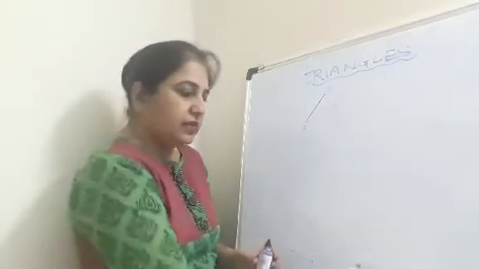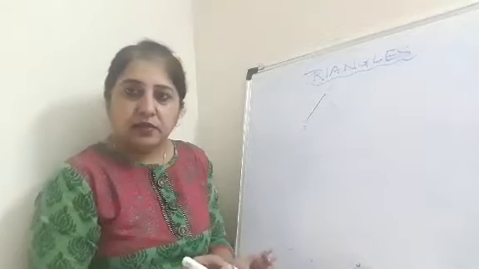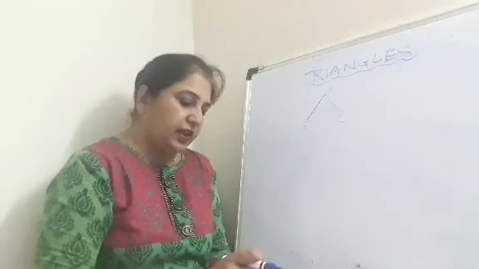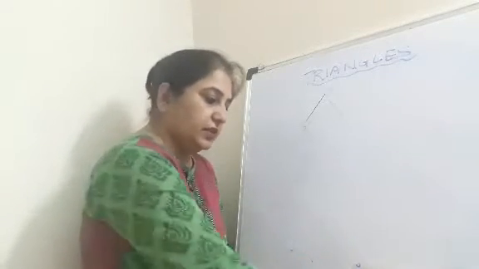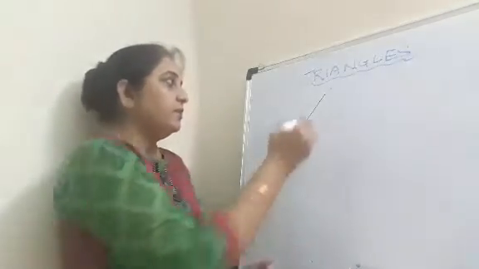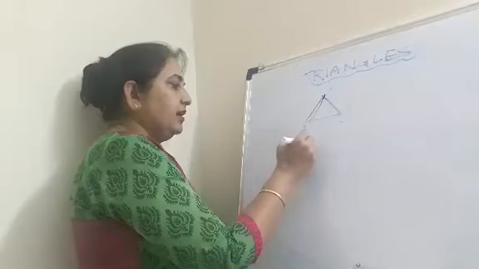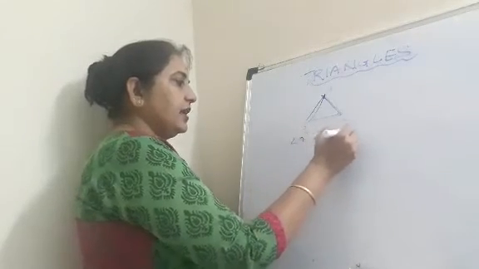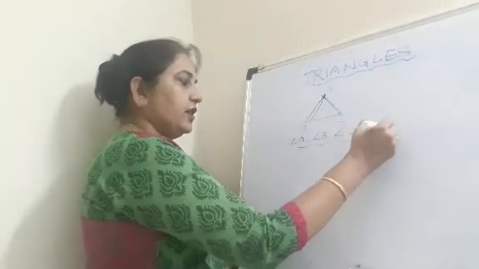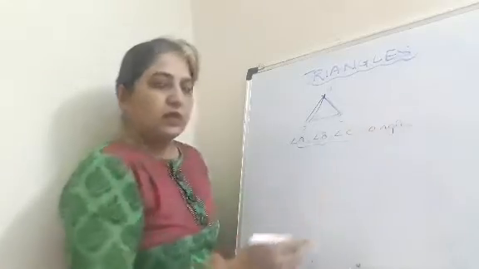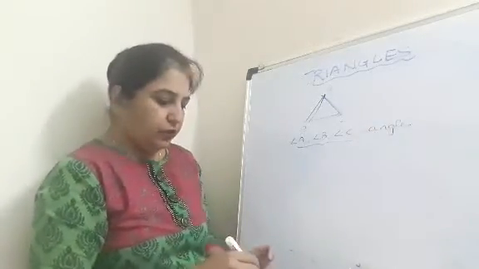How many angles does a triangle have? It has three angles. And how many vertices does a triangle have? It has three vertices. So if you have to write triangle ABC, in which angle A, angle B, angle C, these are the three angles of the triangle. This is something very general, but I am still repeating it for you.